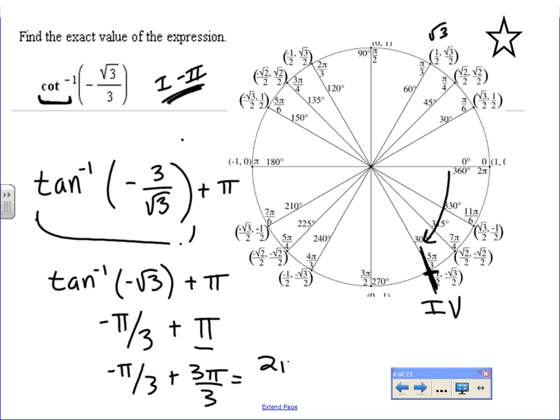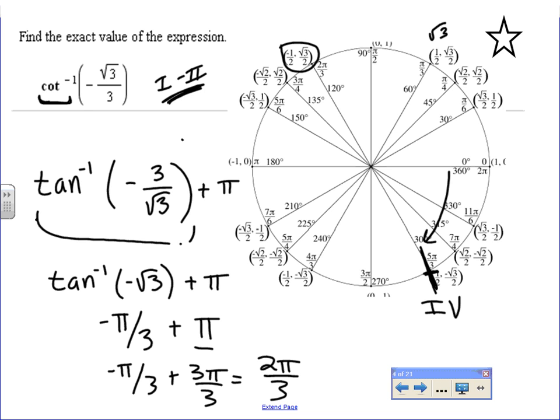And so that would give me, finally now, 2 pi over 3. So notice at 2 pi over 3, it's in the second quadrant, so that's okay for cotangent or inverse cotangent. And if we wanted to check it here, how would we find cotangent? We would do cosine over sine. So we do negative 1/2 divided by square root of 3 over 2 and check that.